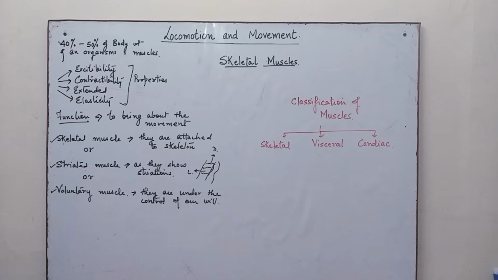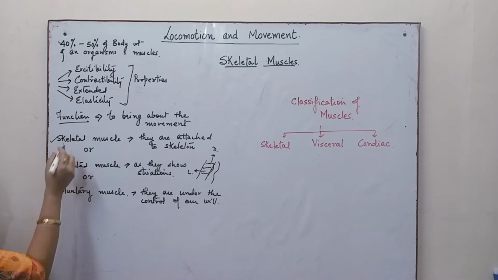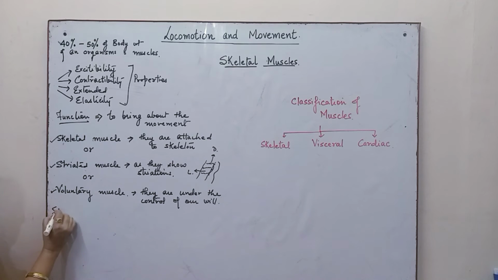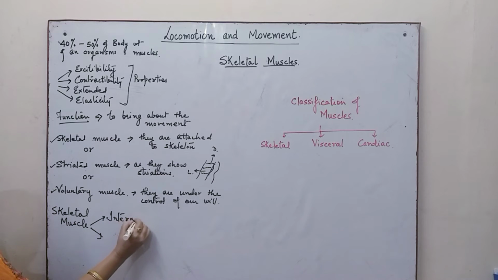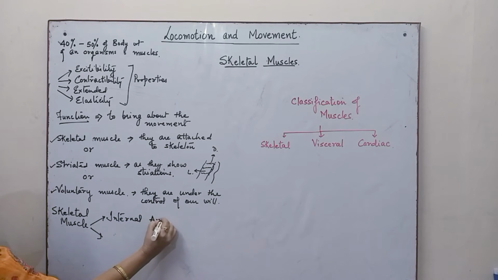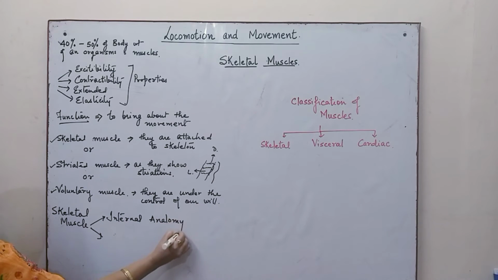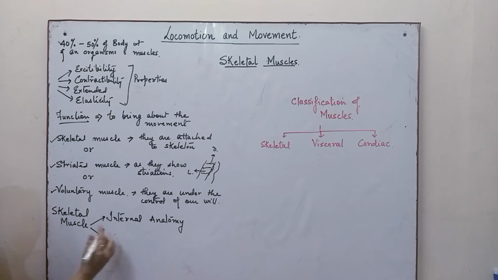Now let us study in detail about the structure of these striated muscles or the skeletal muscles. So when we study the skeletal muscles, we will be talking about two different aspects, that is studying the internal anatomy, that is the structure of these muscles, and also we will look deep into the mechanism of working.